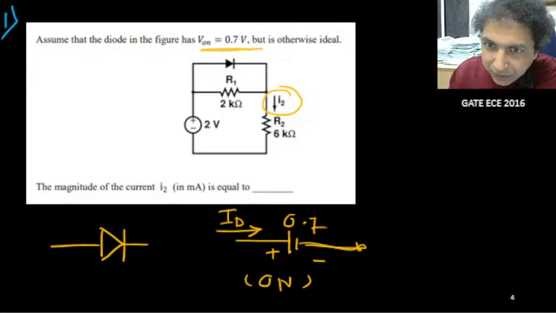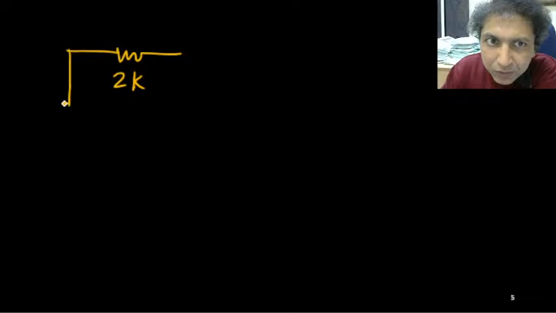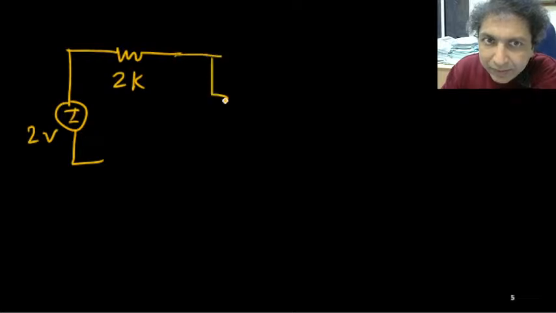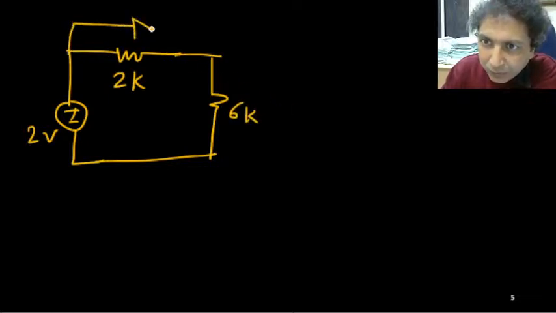Okay, so let me solve this. So this is the resistance, it is 2K. This one is 2 volt, and this side I have one resistance, that value is 6K, and here I have one diode, right?